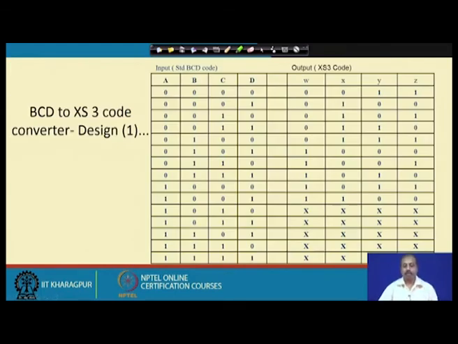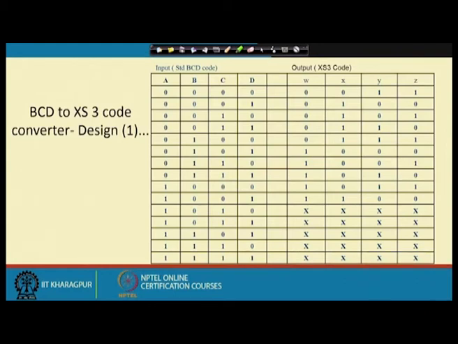Next, we will look into another code which is known as BCD to XS3 code. Many times we want to add some bias to the code, so we do not allow some of the codes to appear. For example, XS3 code means whatever the value, from there you need to subtract 3 to get the actual value.